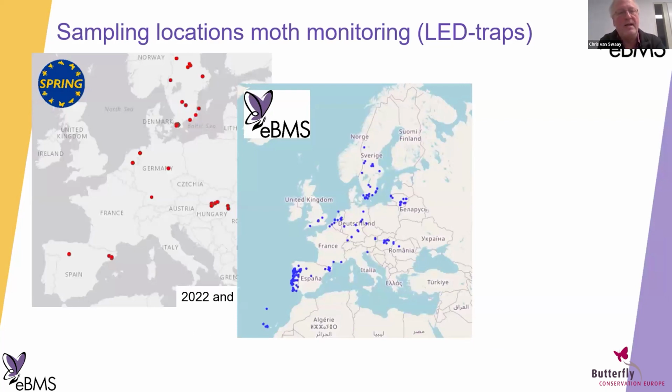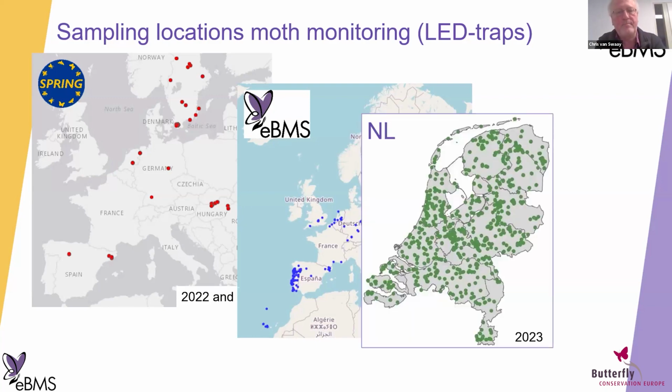Of course, outside this, there are more sampling locations where people enter the data. For example, you might notice that in Portugal, there are a lot of locations. This is because there is a moth monitoring scheme which enters the data via the Butterfly Count app and the website for the eBMS.